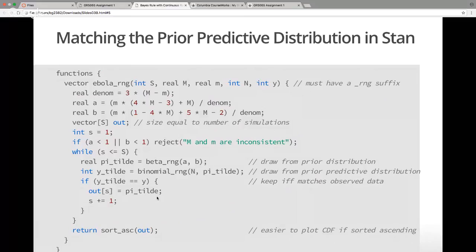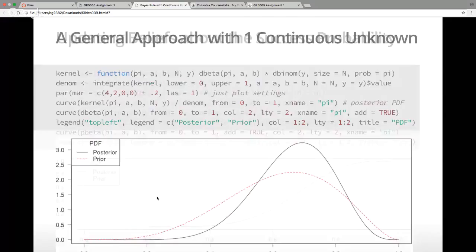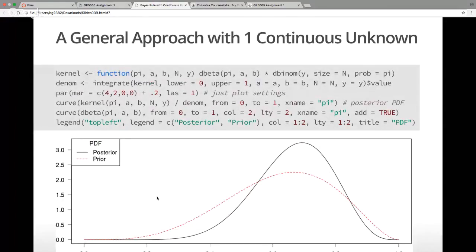We want to get 10,000 good ones that we keep, deciding whether each matches our actual observed data. This first part is just drawing from the prior predictive distribution. Then in order to update our beliefs, we select which of those draws we want to keep according to the data. That's one way to update your beliefs, and you can see the CDFs there.